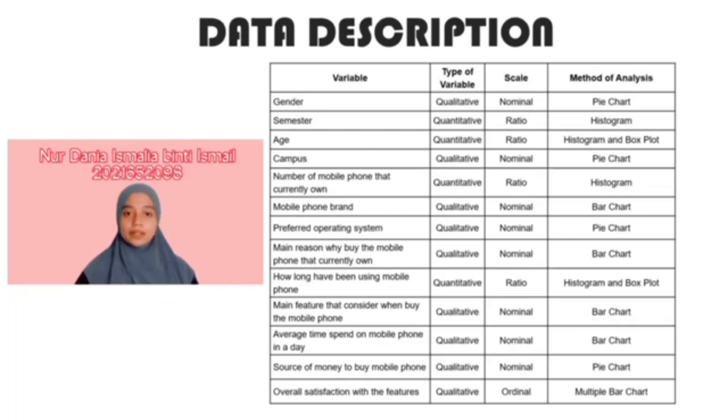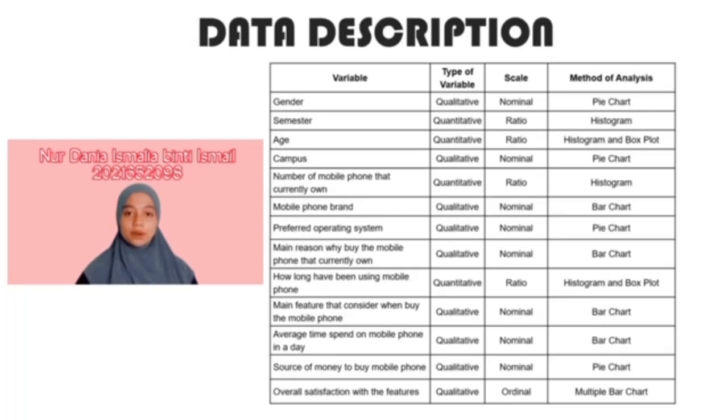Preferred operating system, type, qualitative, scale, nominal, method, pie chart. Main reason why buy the mobile phone currently owned, type, qualitative, scale, nominal, method, bar chart. How long have been using mobile phone? Type, quantitative, scale, ratio, method, histogram, and box plot. Main features considered when buying the mobile phone: type, qualitative, scale, nominal, method, bar chart.